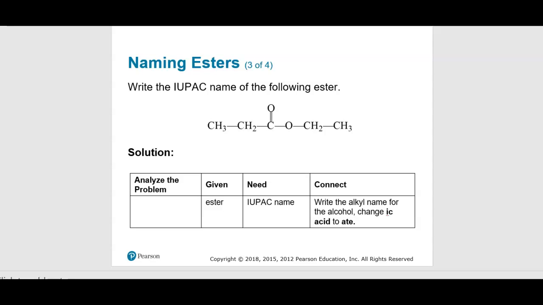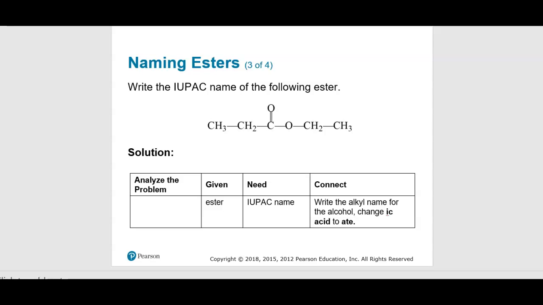So let's write the IUPAC name of the following ester. All right, you're given the ester. You need the IUPAC name. So what you do, you write the alkyl name for the alcohol, and change acid to -ate. Okay, so let's identify the alcohol first. The alcohol is the first thing named in the box there.